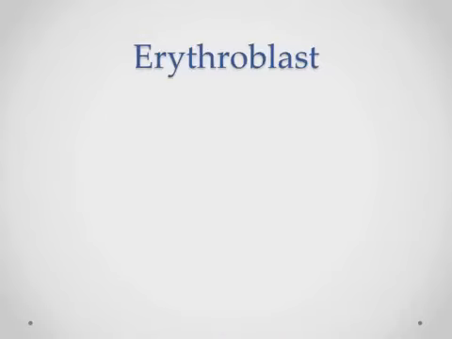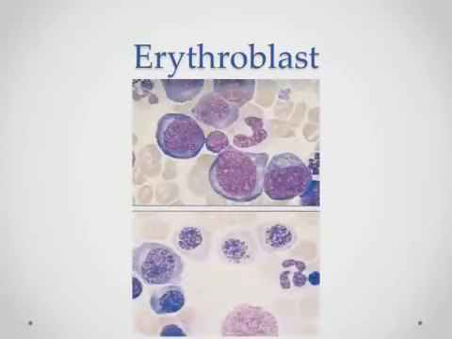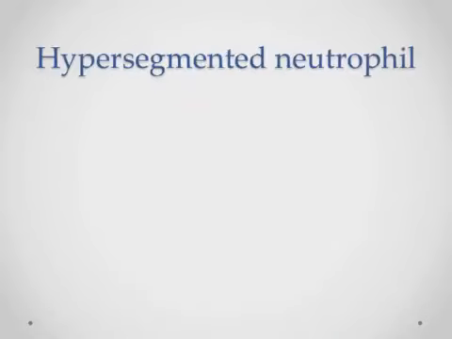Here is the erythroblast, or we can call it megaloblast. Check this one. We find a very large nucleus, and this large nucleus shows much stippling inside. Also like this one, very large nucleus and much stippling inside, a stippled appearance. These are also the megaloblastoid features which occur in megaloblastic anemia.